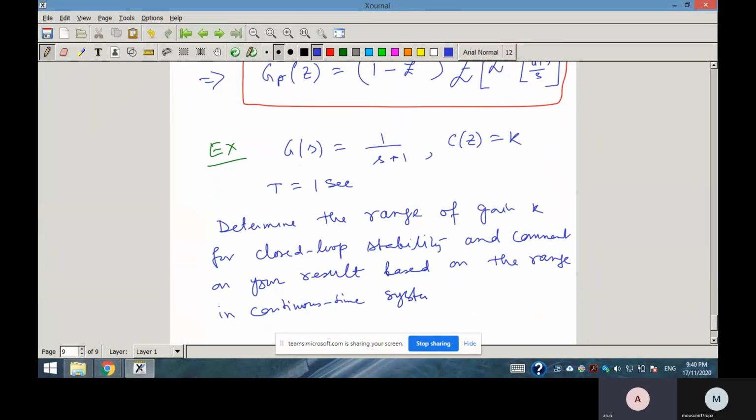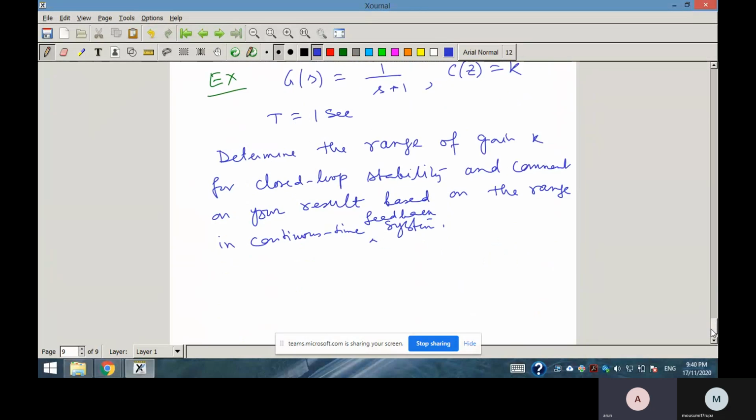If you use a continuous time feedback system, then what range of gain you will get, and what range of gain you are getting, then ultimately you compare.